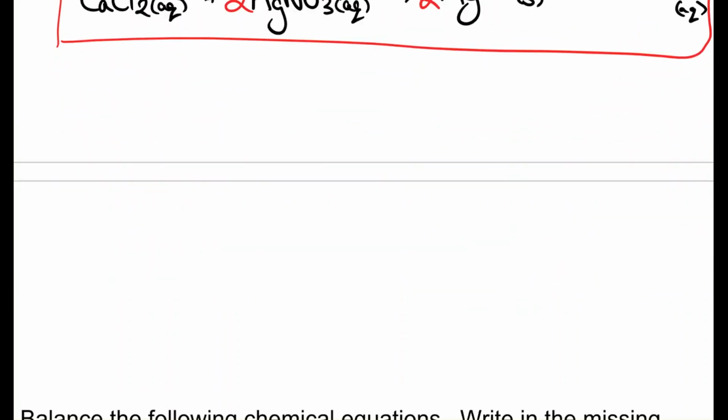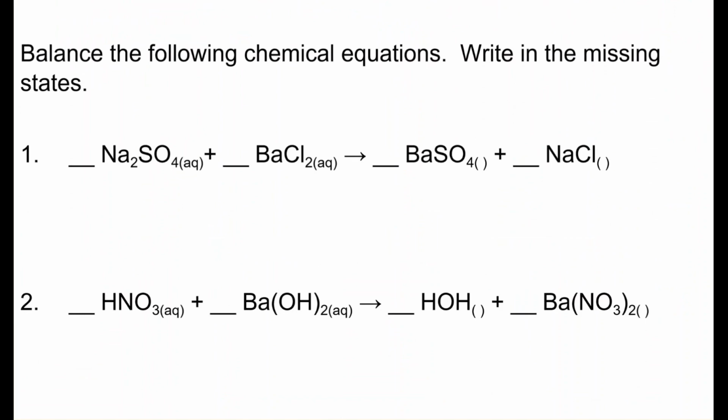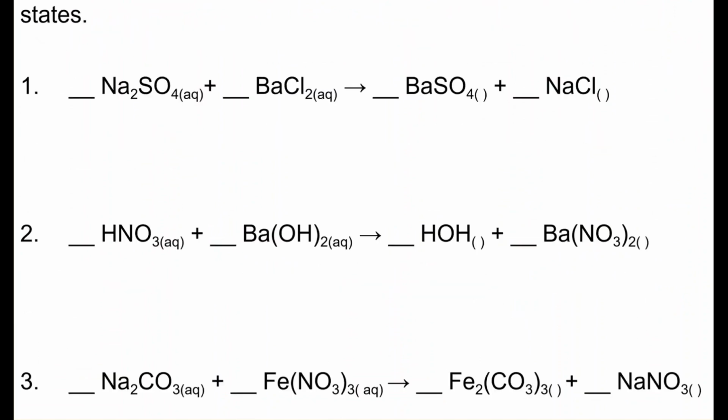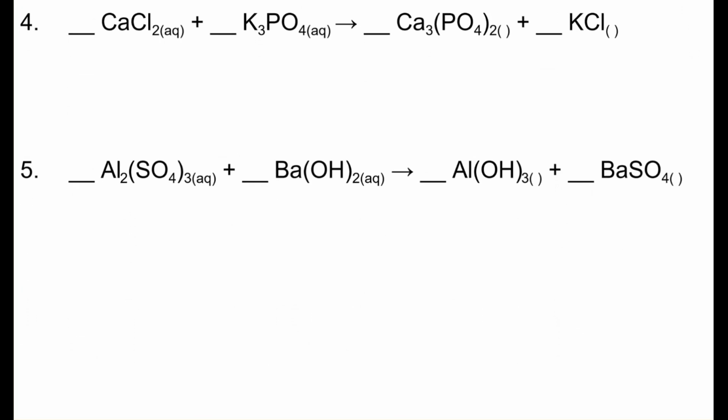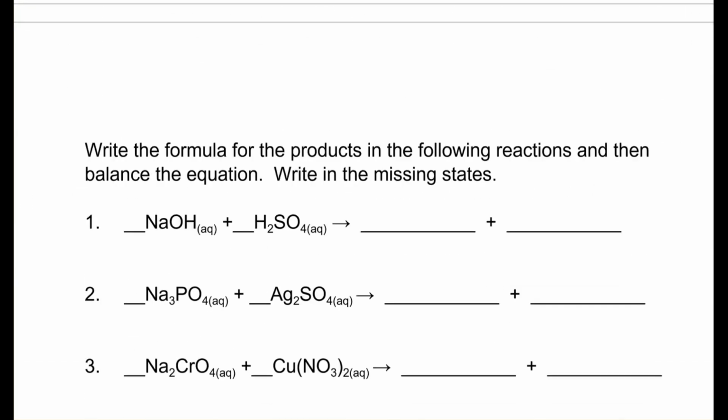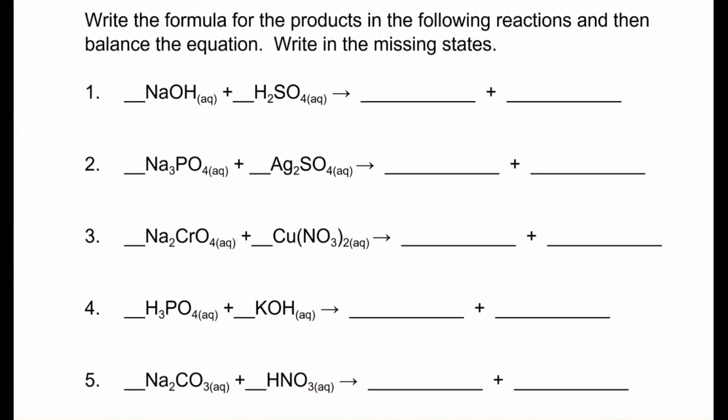Nice. Good job. So now we've got some examples here. Balance these chemical reactions. Do it and check the notes for the key. And then we've got some things here where you do these double replacement reactions.